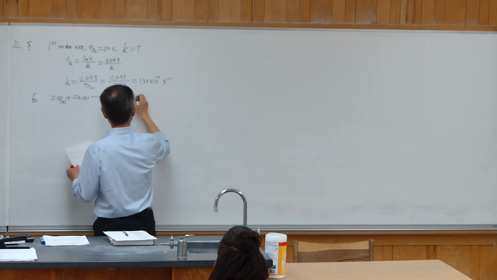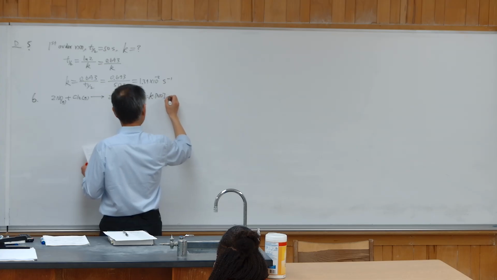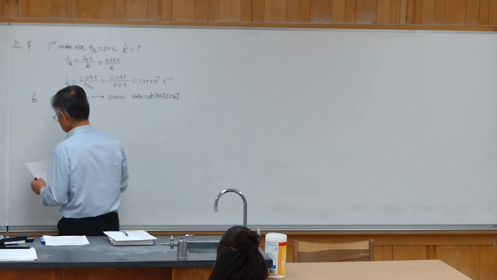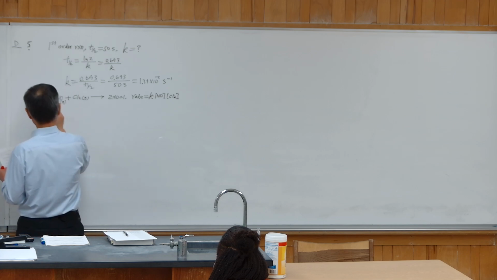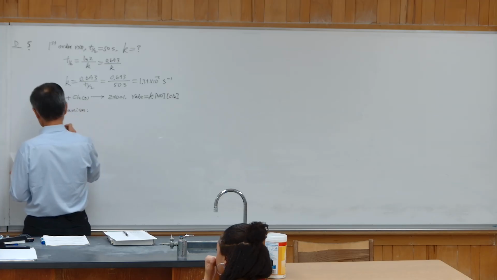The rate is given by this equation: K times NO concentration and Cl2 concentration. And the mechanism of this reaction involves 2 steps. Propose the mechanism.